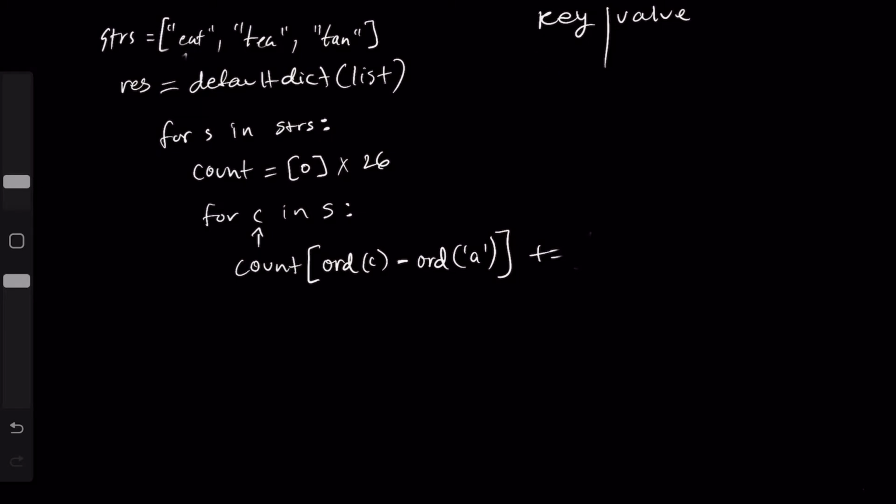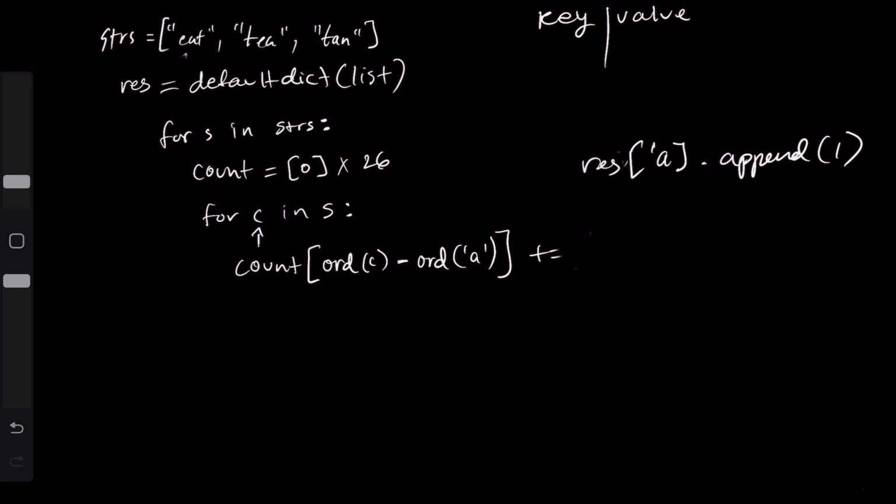Anyway, we're setting the default to be a list. So let's say we have a key, res, and then at a key we want to append one. This spells res, sorry.